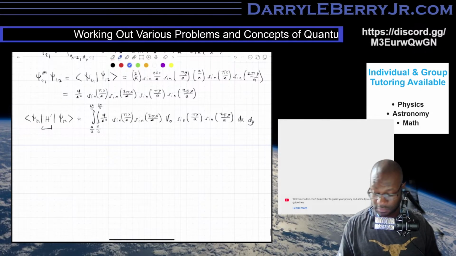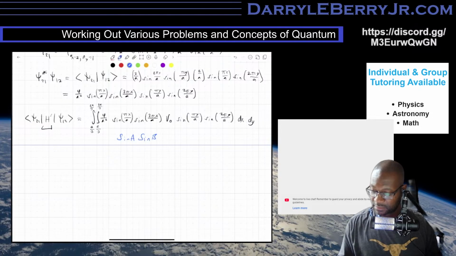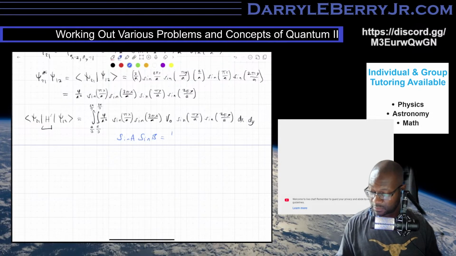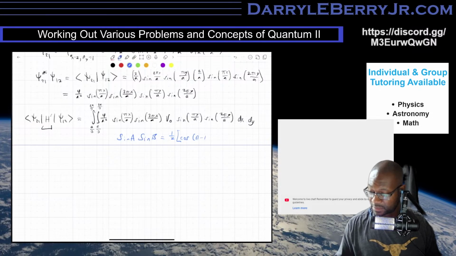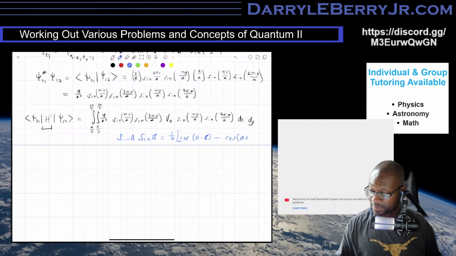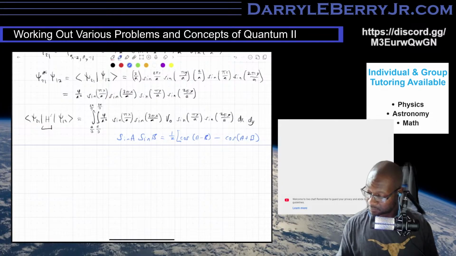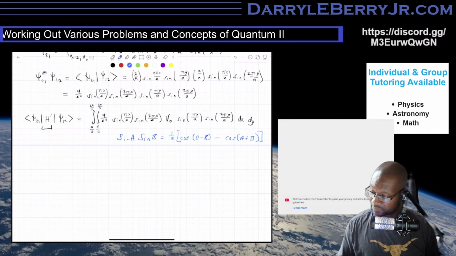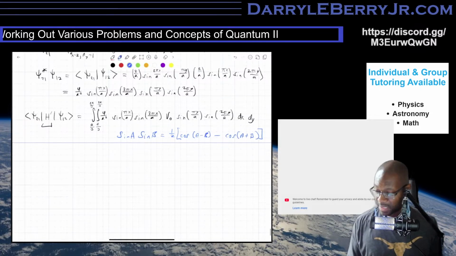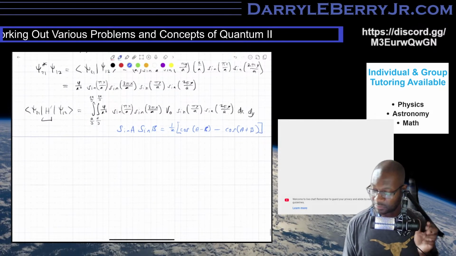So sine A sine B equals 1/2 cosine of A minus B minus cosine of A plus B. Useful whenever there is a sine or cosine or double.